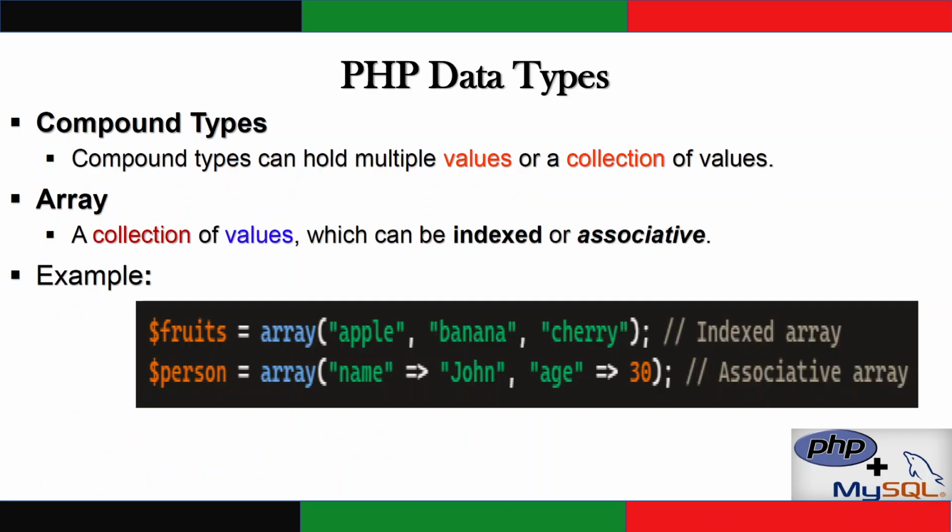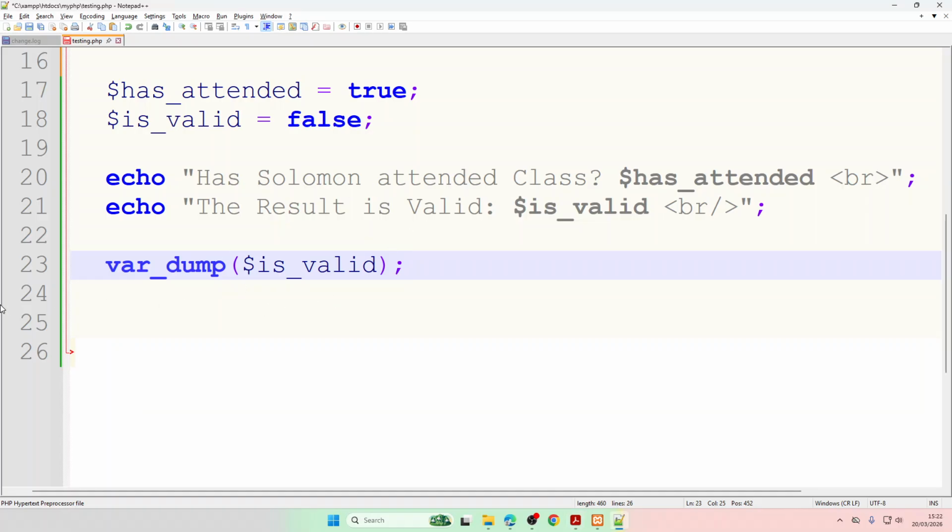Okay, let's see. Compound types. I really don't want to touch arrays today, but let me just give you a brief overview of whatever is there. Then I think we shall stop there for today.